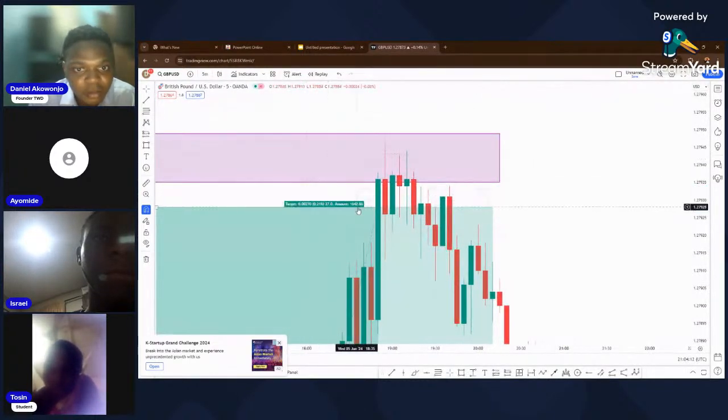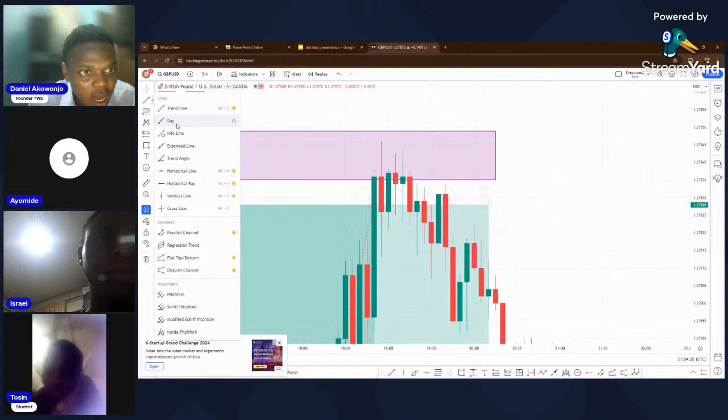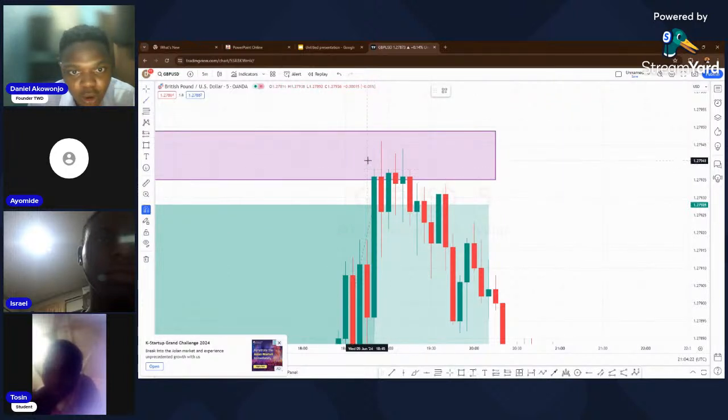Immediately I see this rejection in price here, I want to take my ruler and draw a line to this wick. Where is this wick? Good.